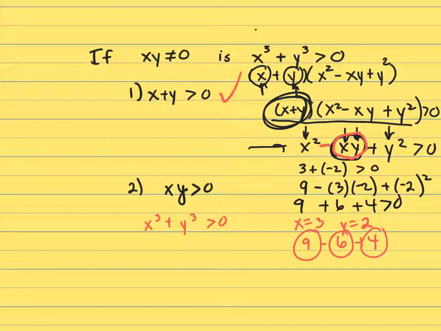And if they're both negative, like a negative 2 cubed plus a negative 3 cubed, that's not going to be greater than 0. Of course, if they're both positive, 2 cubed plus 3 cubed, then that will work. But you don't know whether they're both positive or both negative. So your answer is only A works.